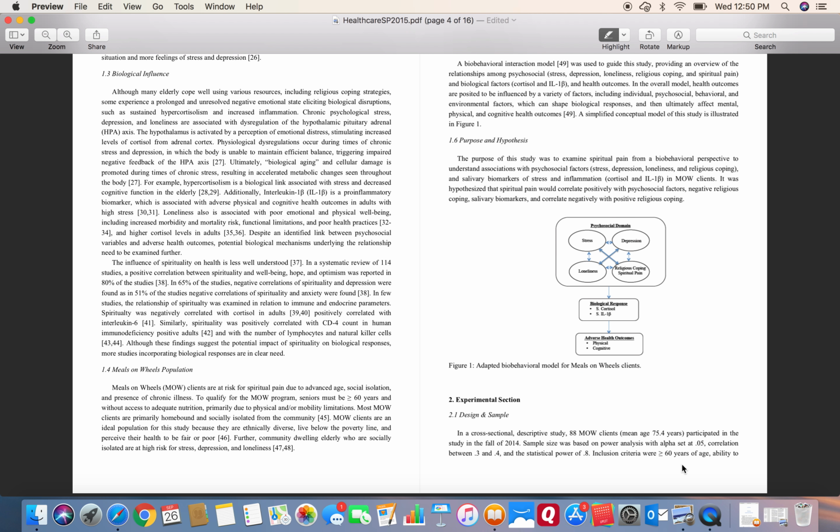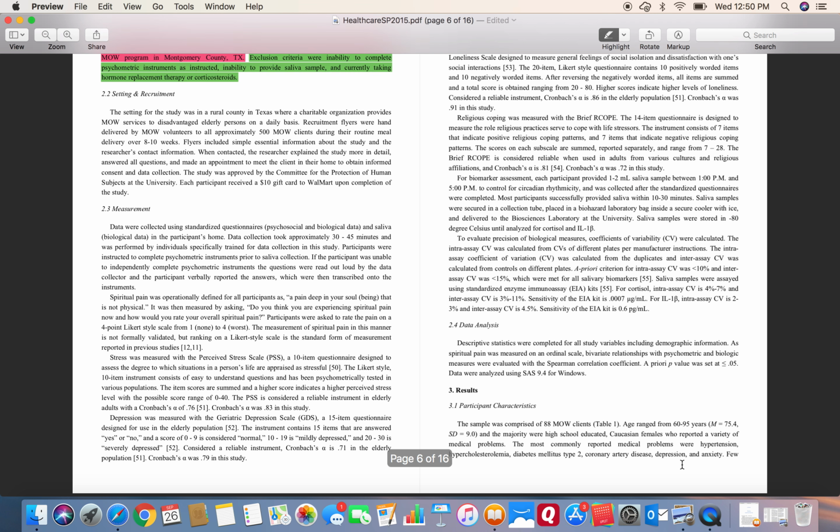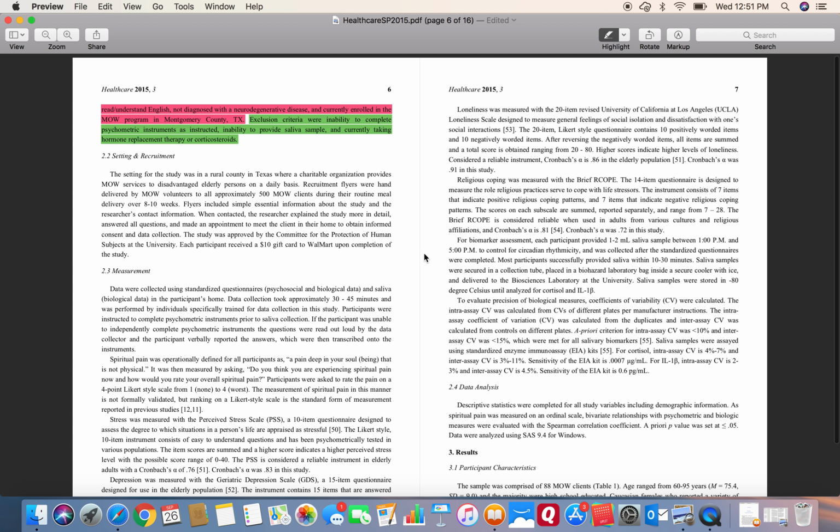If they were greater than 60 years of age, they had to read and understand English, not diagnosed with a neurodegenerative disease, and enrolled in the Meals on Wheels program. So anybody who met those criteria were included. So let's just say, for example, that was 1,000 people. So 1,000 people were included in this study and had the opportunity to participate.